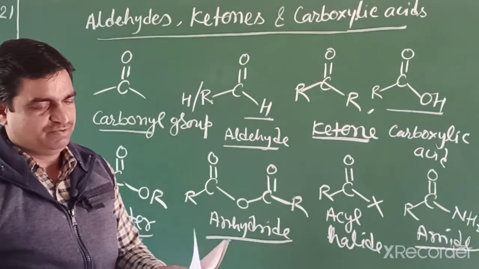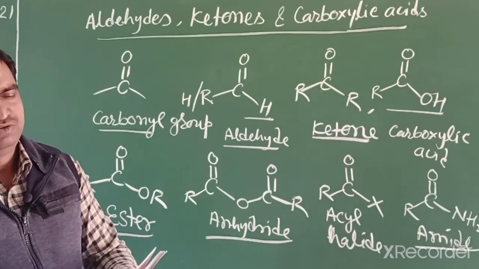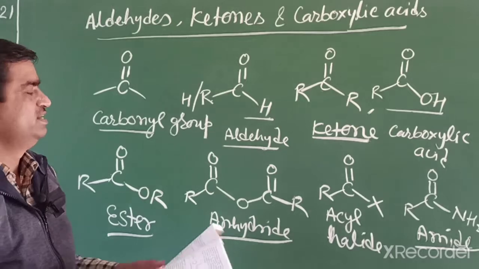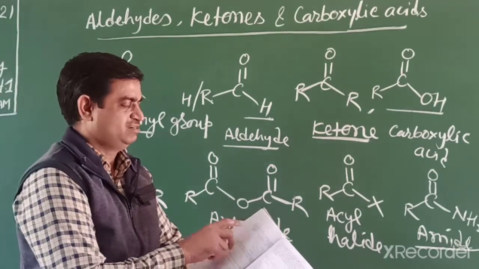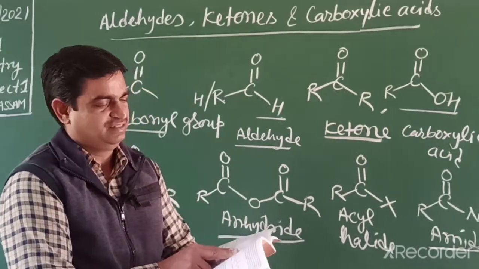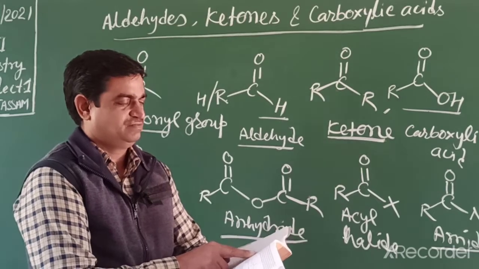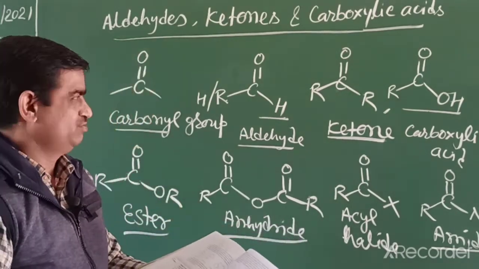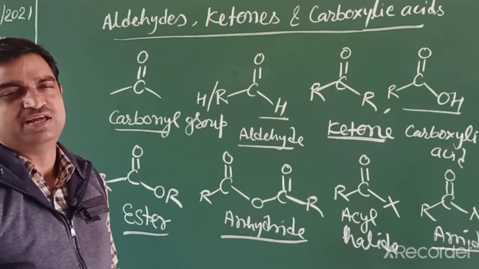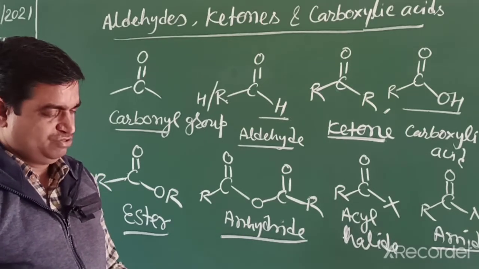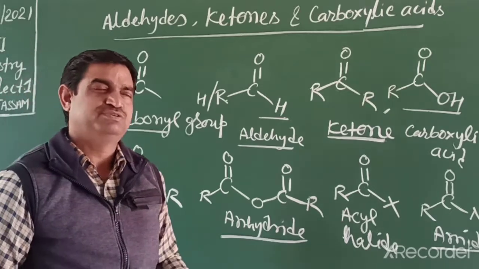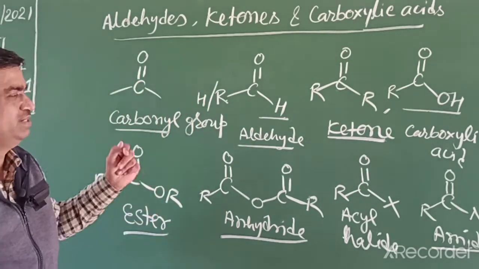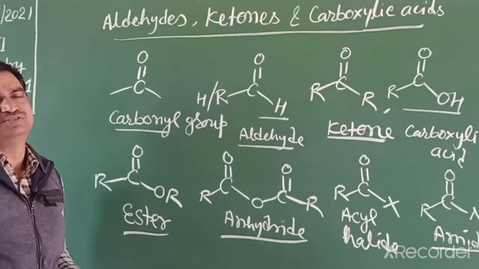A few compounds given in your book are vanillin, salicylaldehyde, cinnamaldehyde. Those are aldehyde compounds, and they also contain an aromatic system. They have a characteristic smell, as in perfumes. So these are very important compounds, and this chapter is most important. We will discuss this chapter thoroughly in detail.